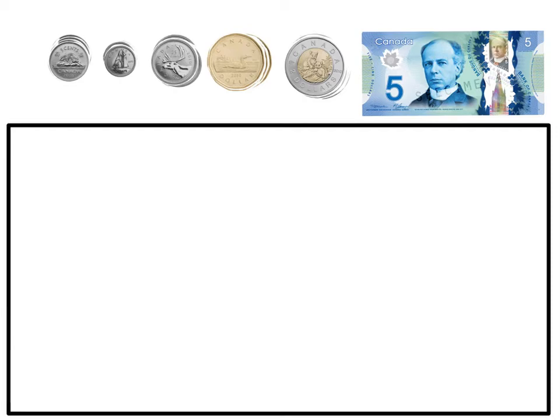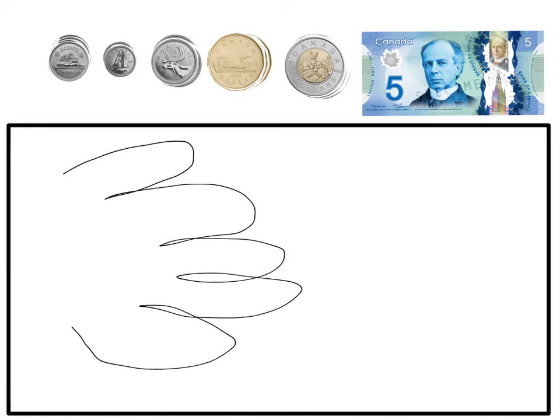What I'm going to do is draw two hands in the big rectangle. On this side, I'm going to draw a hand like this. It's not a great hand, but it's a hand. And then on the left side, I'm going to draw another hand, maybe this time in blue. There's the thumb, and there are the fingers.